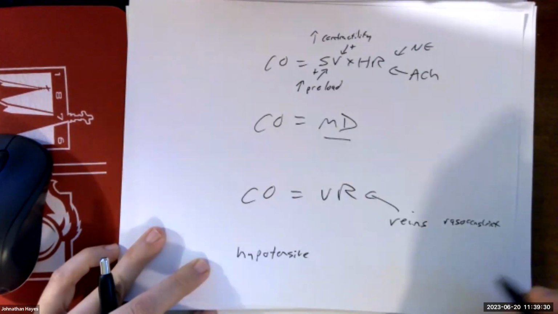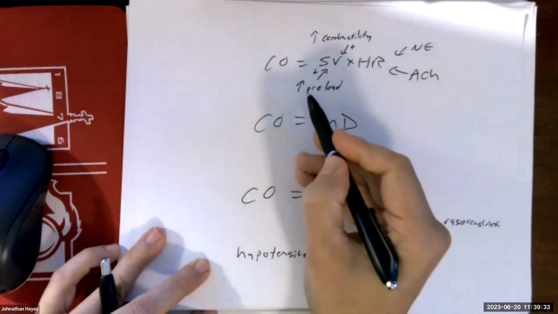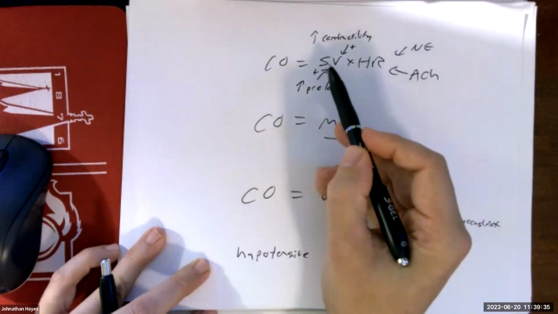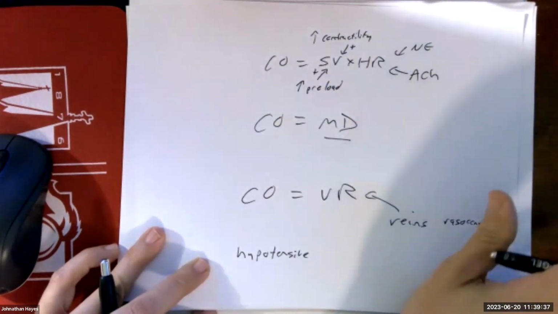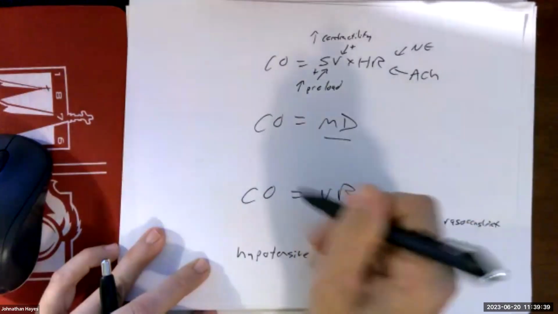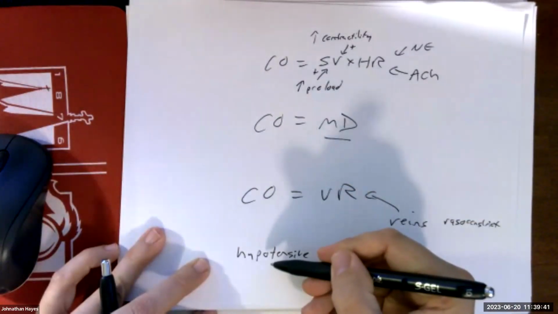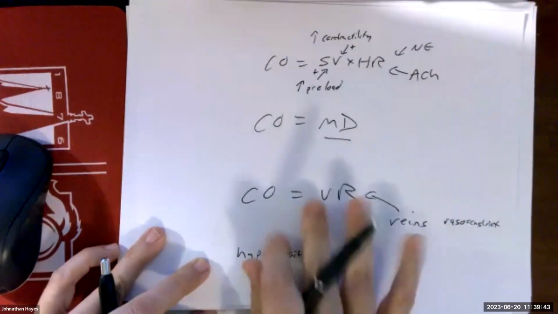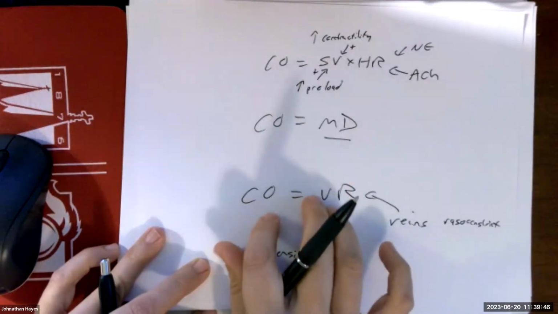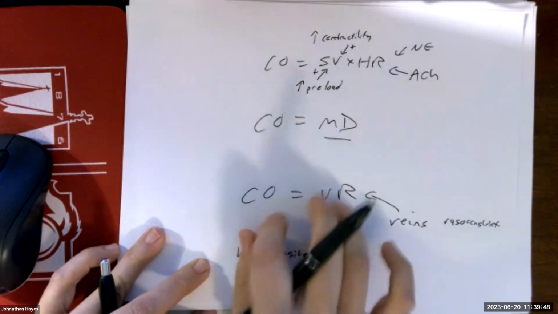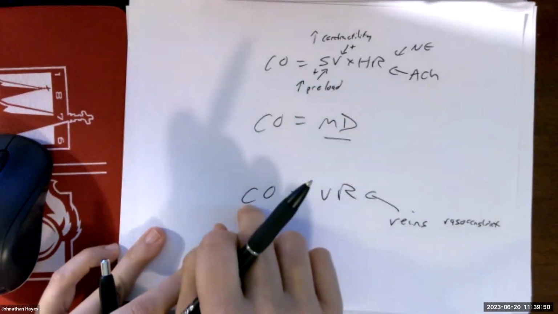Which will increase my preload, right? Which can then increase the stroke volume, getting more blood out into the arteries, right? Which is essentially going to then take my pressure back up again, right? So again, sometimes this seems like it's a limiting factor, but it can actually be a contributing factor to fix it if it's broken, right?